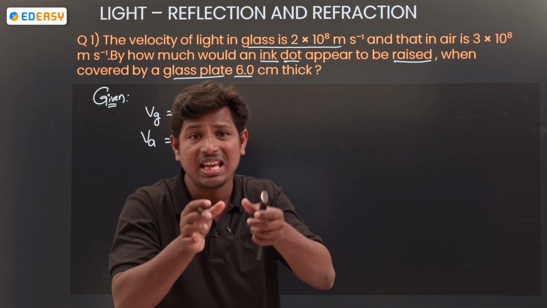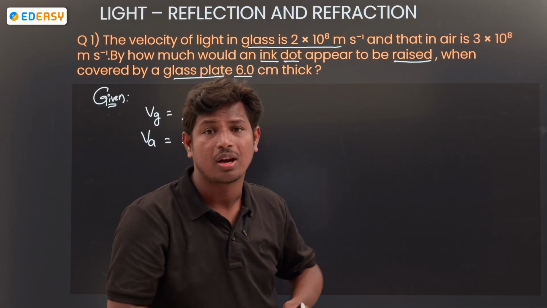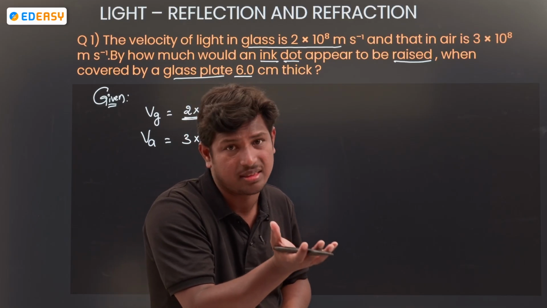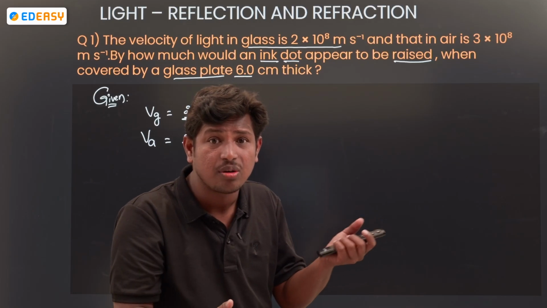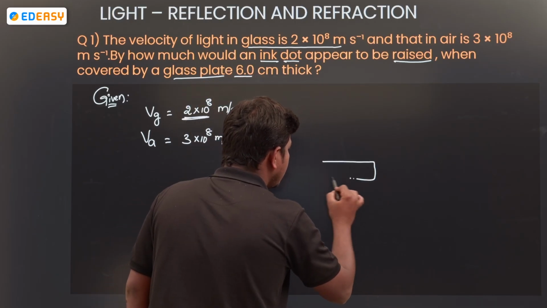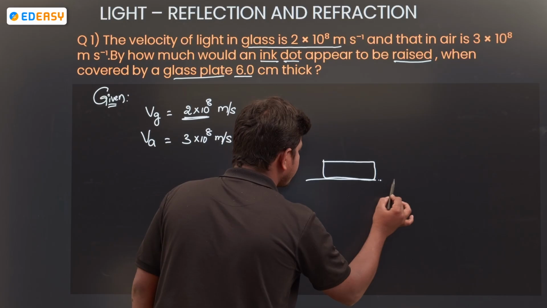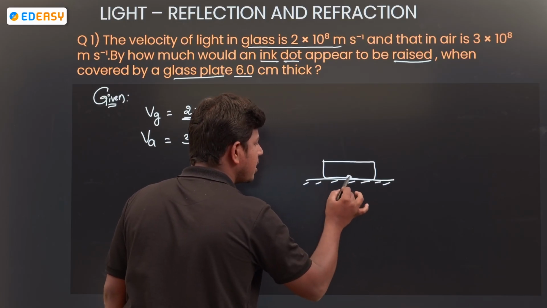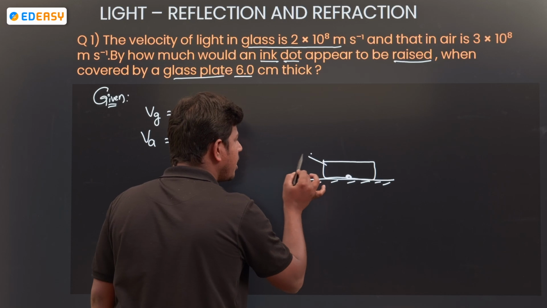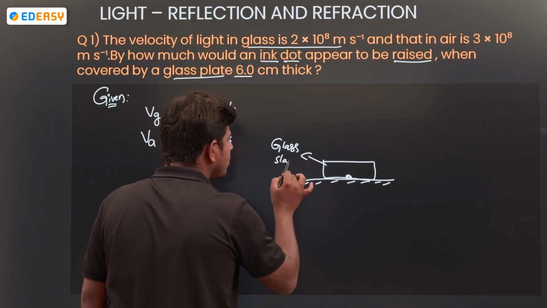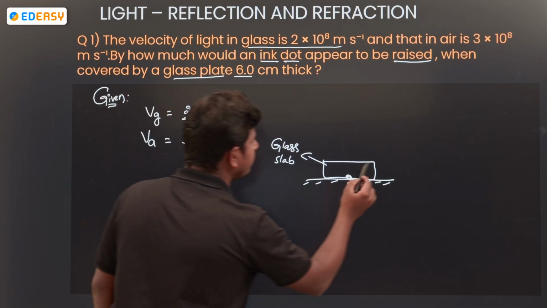Okay, if you see a coin under the water, how will it be? The coin appears to be above, right? So here also, if the dot is there, I am taking a glass slab, and this is the surface. On the surface, an ink mark is there, and we are using a glass slab.